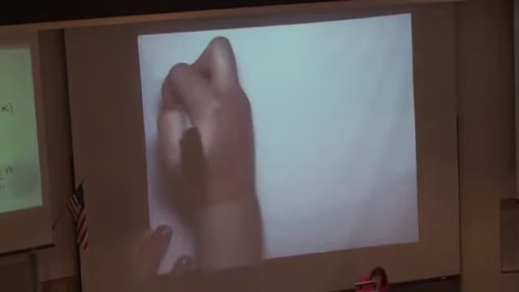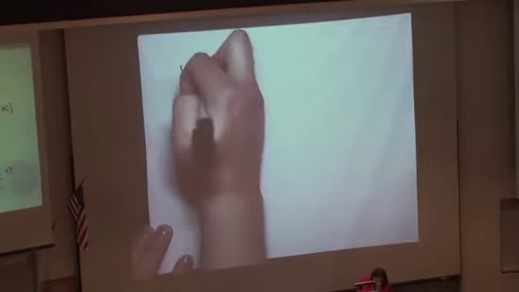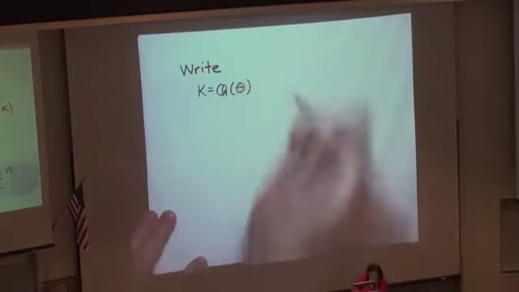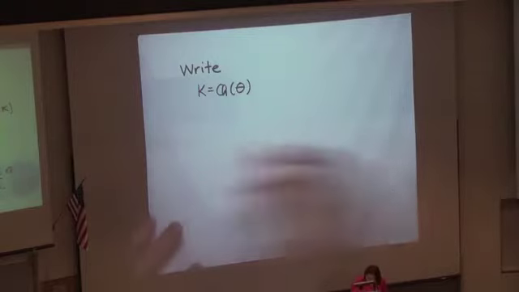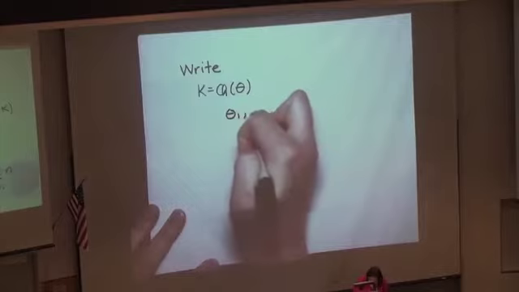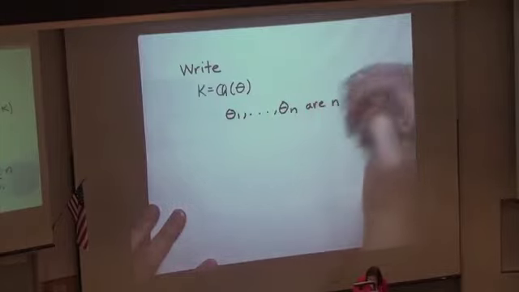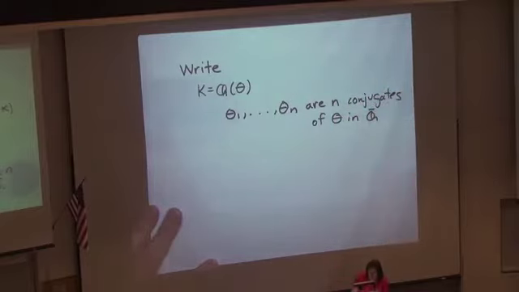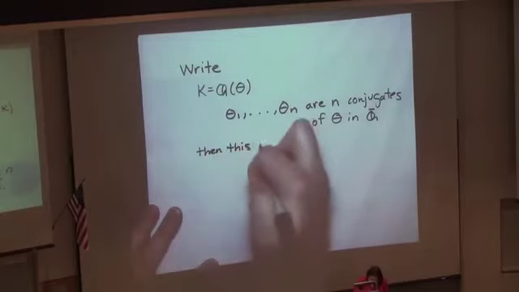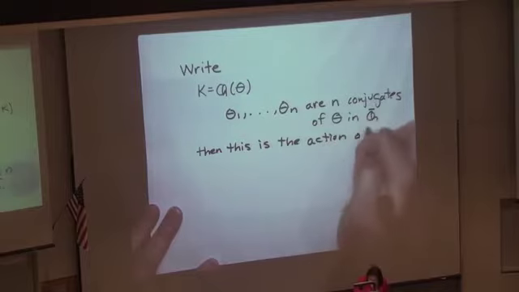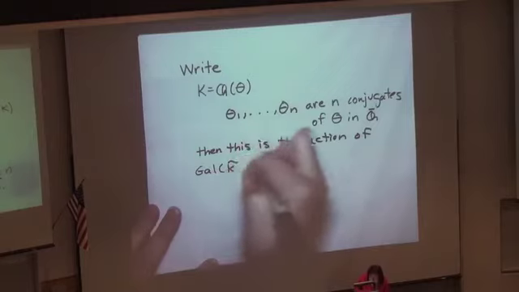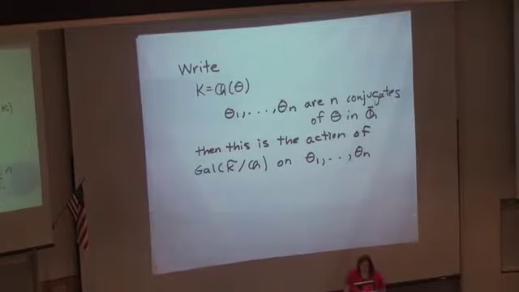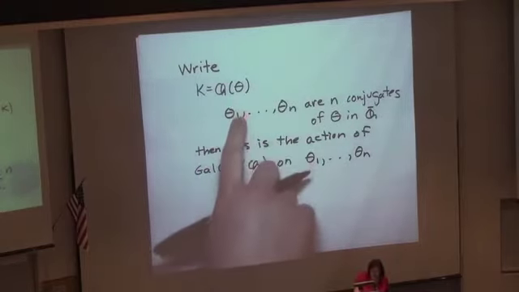Think about an example. If we write K, let's say Q adjoin theta, and then theta 1 through theta n are the n conjugates of theta in Q bar, then this is the action of the Galois closure of K, which will include all those conjugates over Q, on just these conjugates, because of course the maps from K into Q bar are simply the maps that take theta to each of these conjugates.